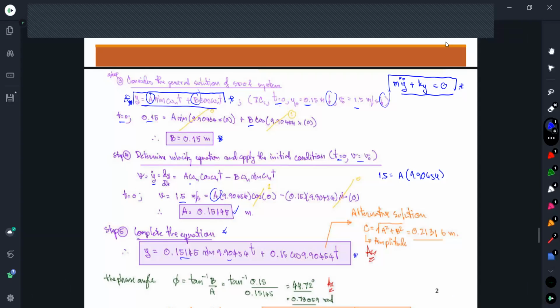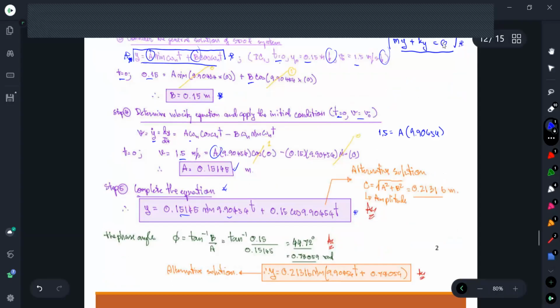We can rearrange this equation in terms of the amplitude of the wave. The amplitude is c equal to the square root of a squared plus b squared. That's the amplitude of the vibration.